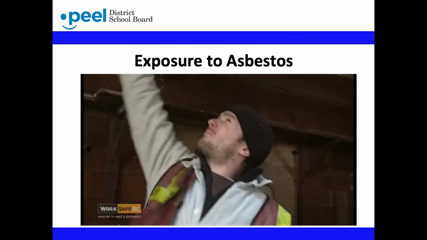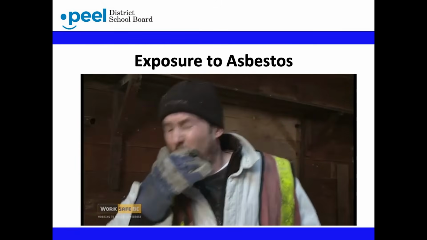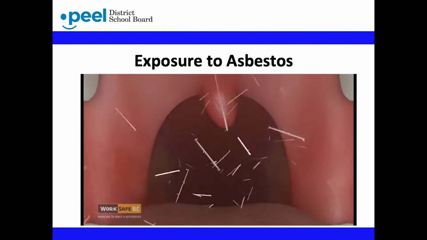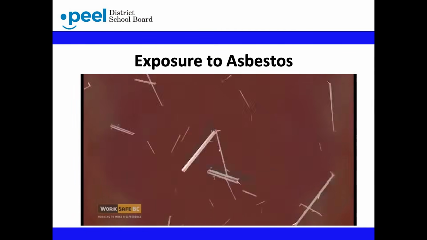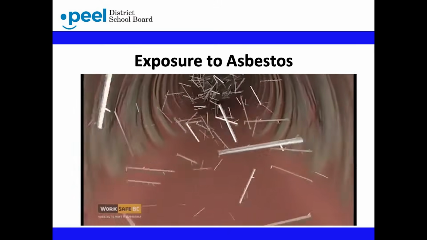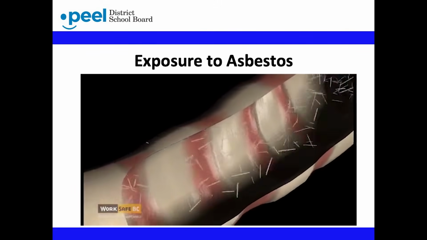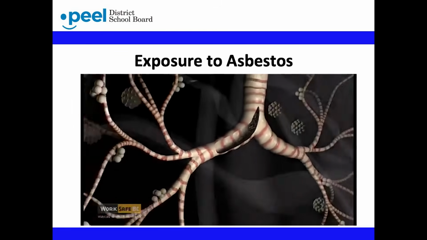The danger is releasing the asbestos fibers into the air. When a worker breathes, asbestos fibers enter the mouth and nose and flow down the air passages deep into the lungs.